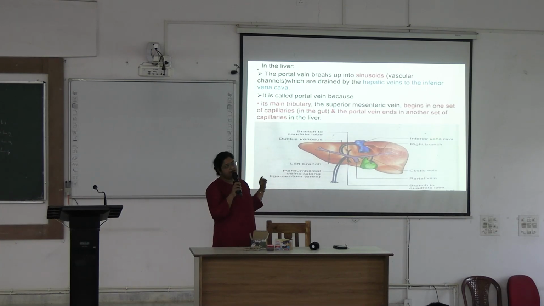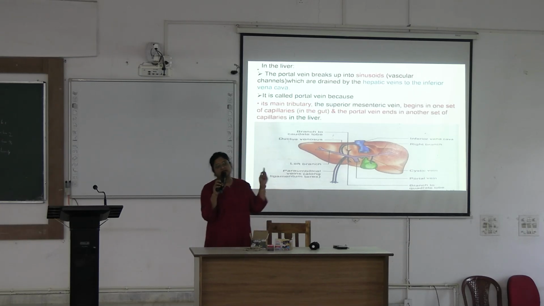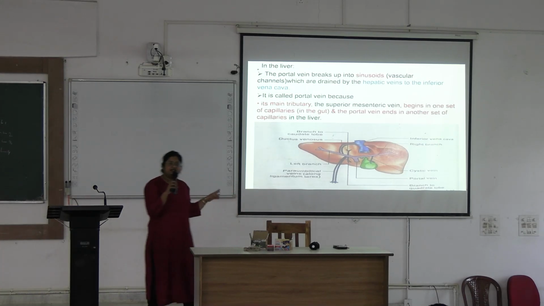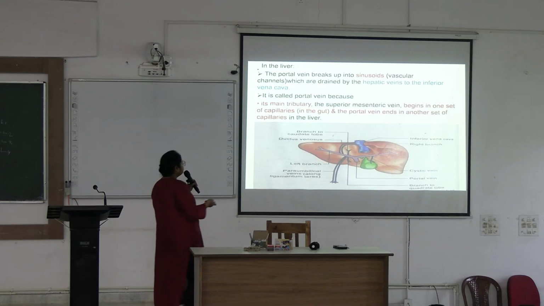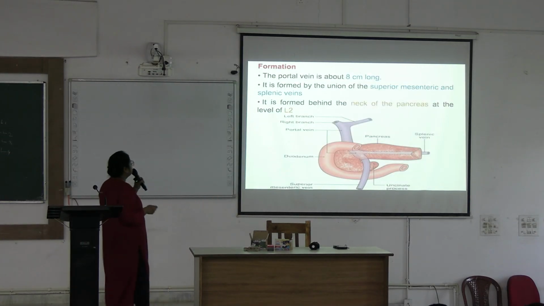Okay, you also get portal system in hypothalamus. A portal system is present between hypothalamus and pituitary. So here also it is starting from the alimentary tract in a set of capillary and ending in the hepatic sinusoids, that is another set of capillary. So this is the formation.